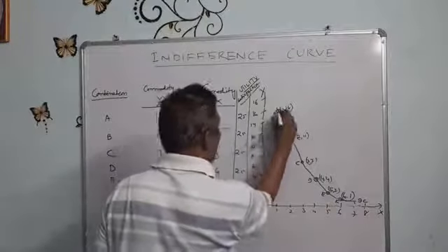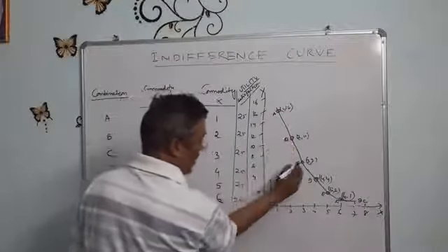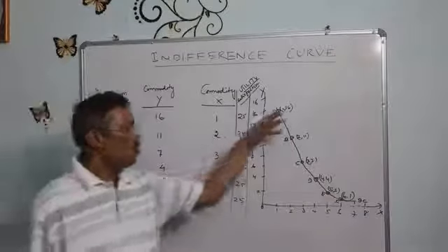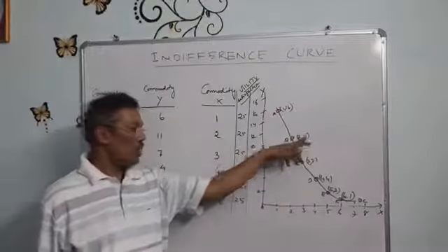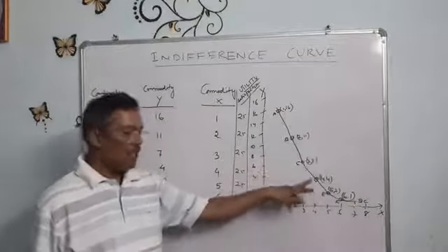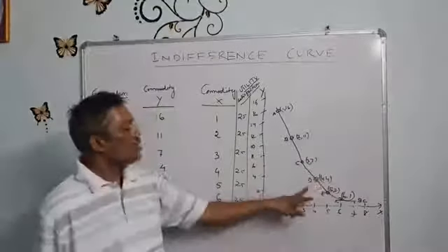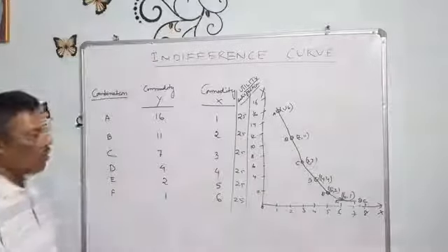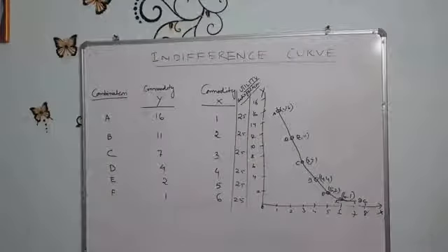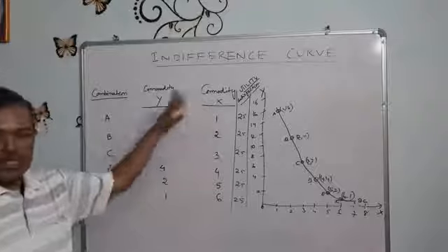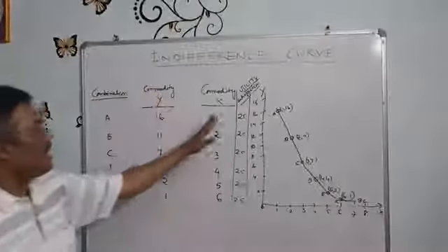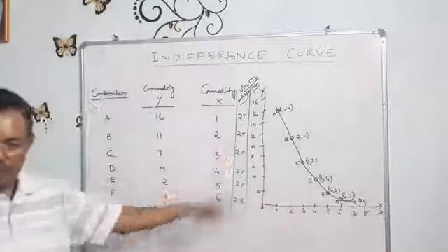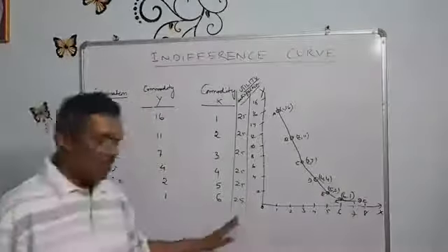A is a combination, B, C, D, E, F is a combination. All the possible combinations of two goods, one is X, another is Y, which yield the same level of satisfaction. In my example, the satisfaction in each and every case is 25. That is called the indifference curve.